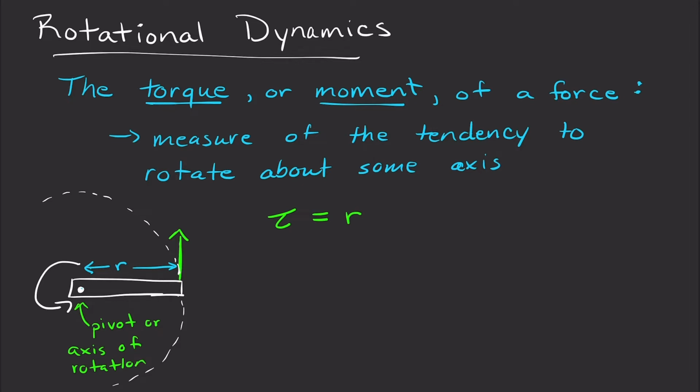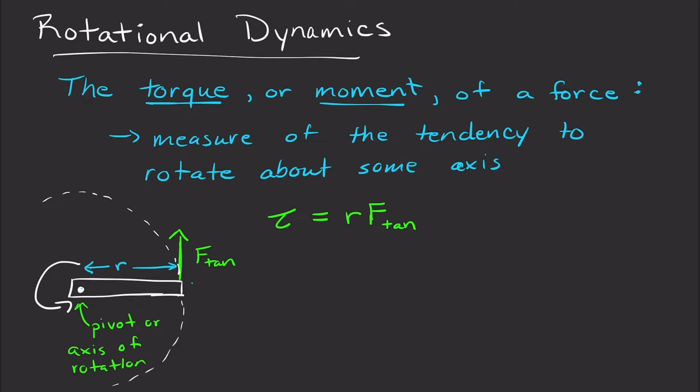But not all forces will cause rotations. Specifically, the force that is tangent to this circular path that this rod wants to take, that's the component of the force that's going to cause rotations.